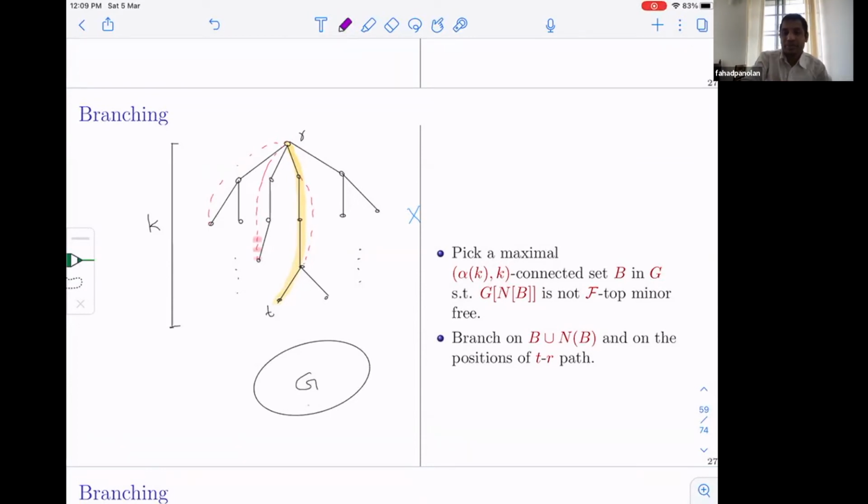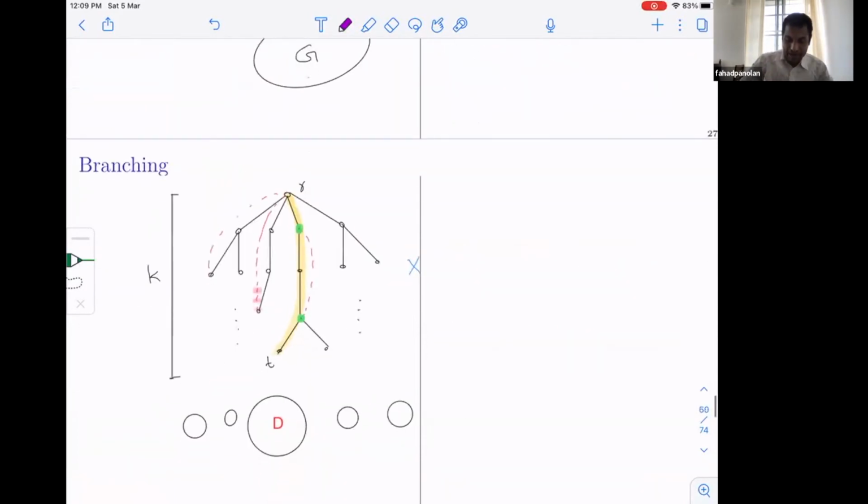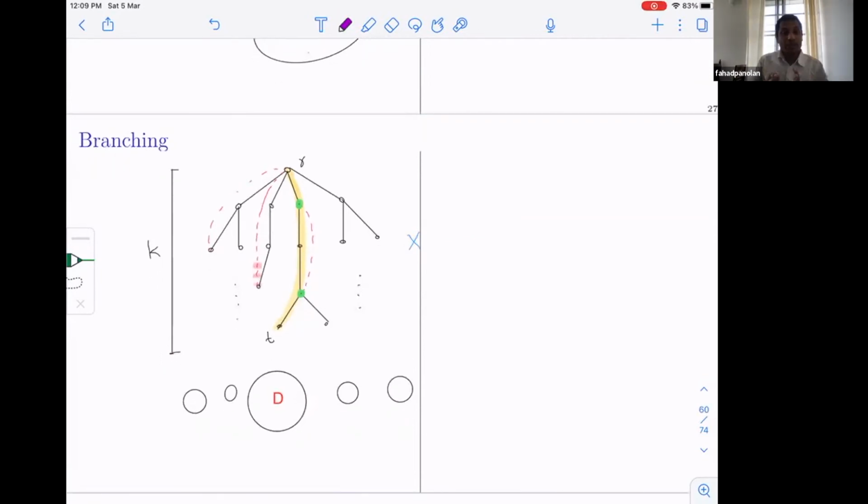You keep doing this, and at some point it looks like this. At any point in time, there will be only one large connected component, let that be D. You try to enumerate all the maximal alpha k connected sets in D, and if one of them is not F topological minor free, you branch.